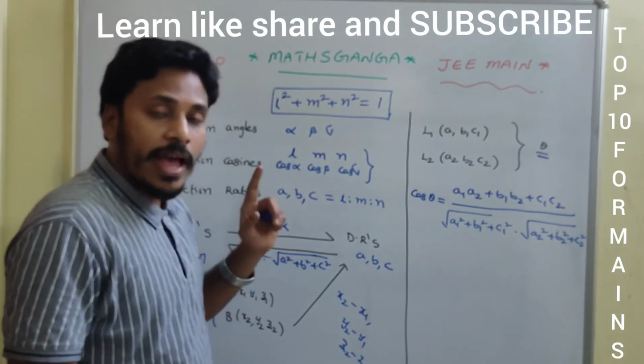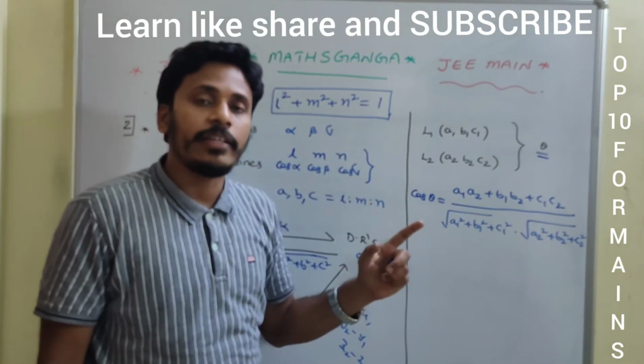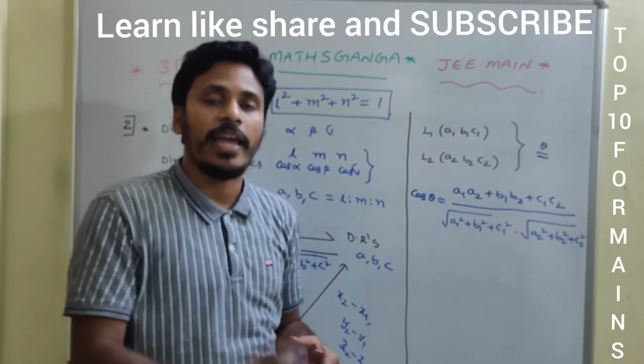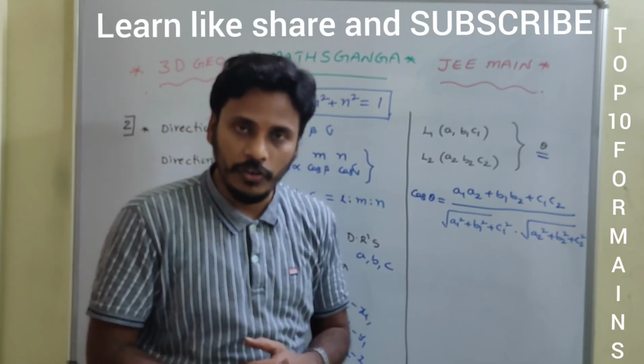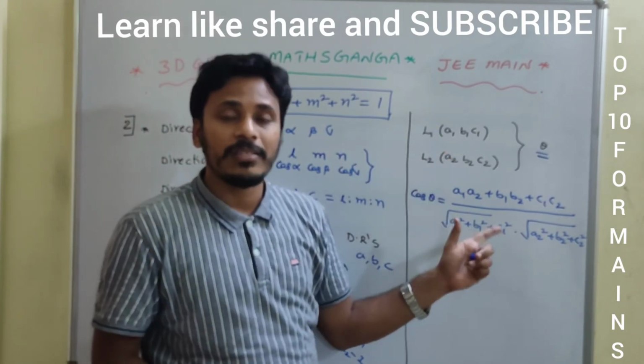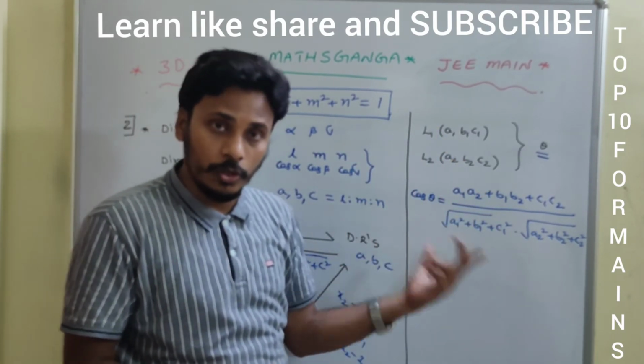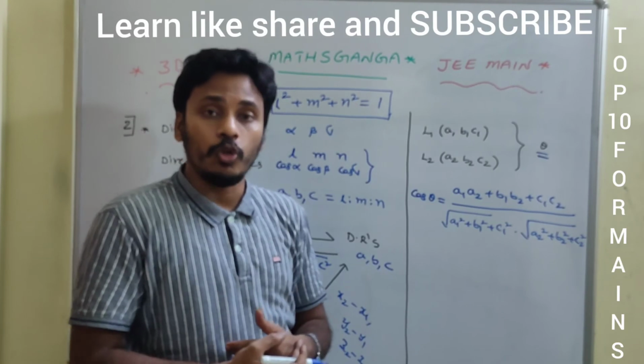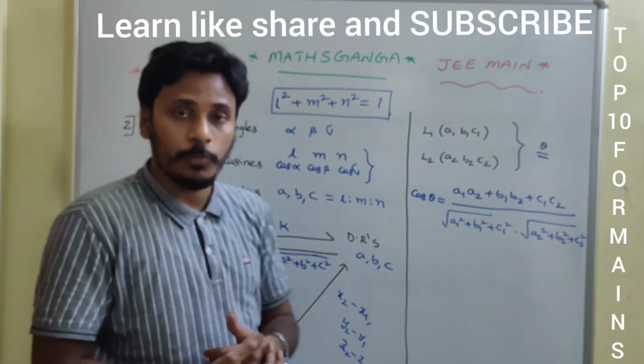Direction ratios, direction cosines, direction angles, all these are just for lines. Usually we use direction ratios to generate different formulae. So if the direction ratios of two lines are A1, B1, C1 and A2, B2, C2 and theta is the angle between those two lines, then cos theta is given by this particular rule.